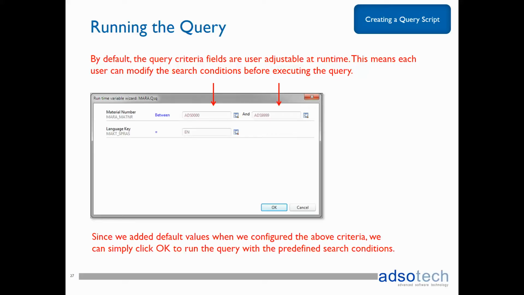Here we can adjust the search criteria for the fields that were configured as user definable when setting up the criteria conditions earlier. So in this case we have the material number range and the language key here. And pressing OK will execute the query with the selected criteria defined above.